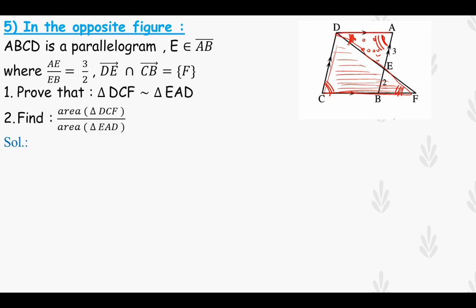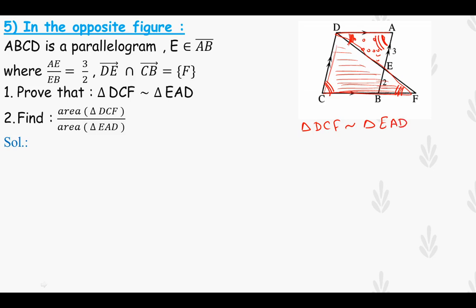So the two triangles are similar. Triangle DCF is similar to triangle EAD.